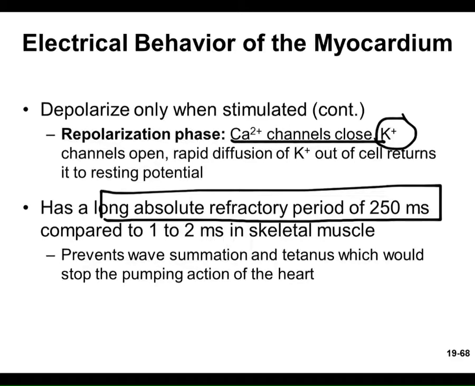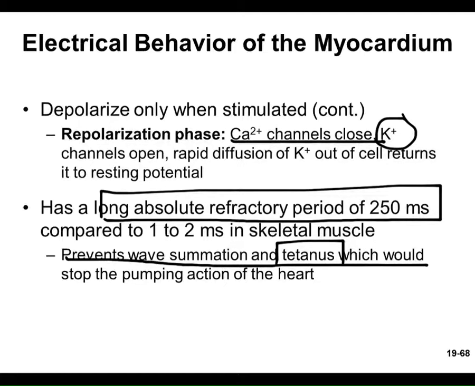So that word means exactly what it did in the nervous system. The absolute refractory period is the time when, no matter what you do, the heart cannot enter into another action potential. So there's going to be a break in time. What this does is prevent summation from happening in the heart and prevents the heart from ever reaching tetanus. Does that make sense?